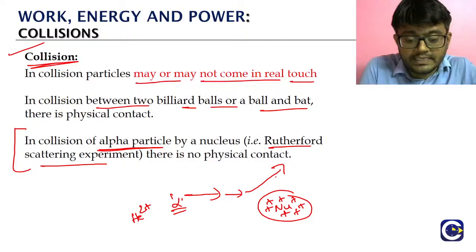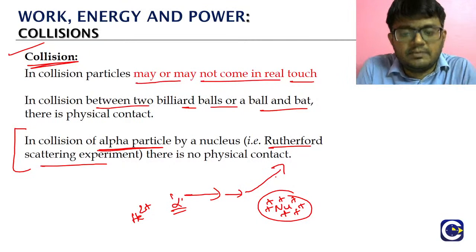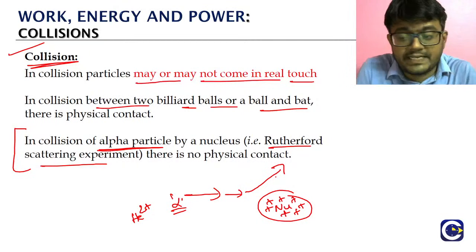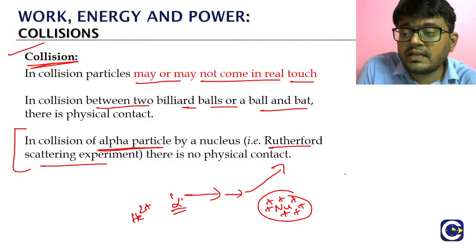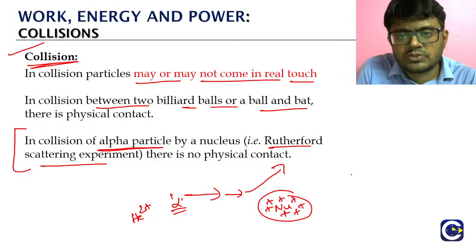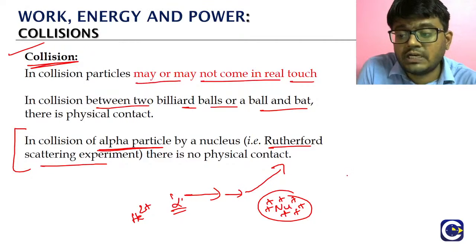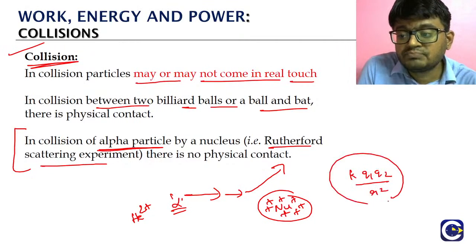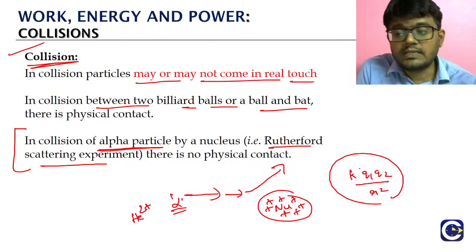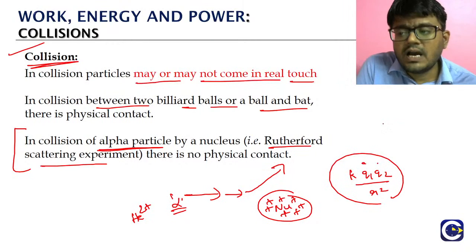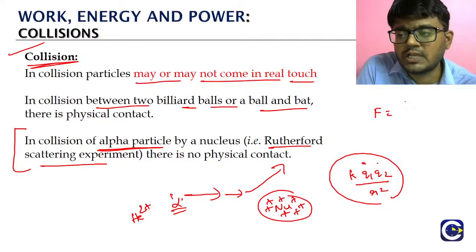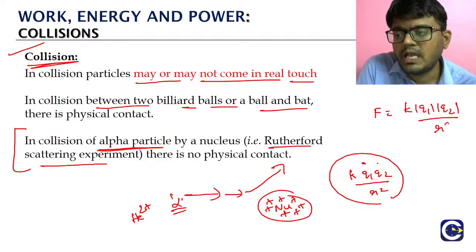Even before it gets physical contact, it gets deviated, because the closer it goes, the interaction force, which we call the electrostatic force, increases. What is its magnitude? K Q1 Q2 by R square, because Q1 and Q2 are both positive here. Otherwise we would put a modulus symbol, K into modulus of Q1 into modulus of Q2 by R square.